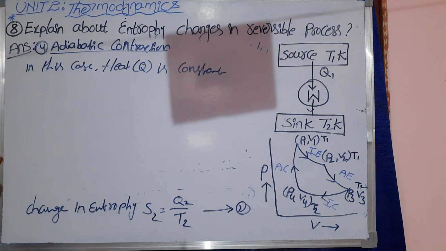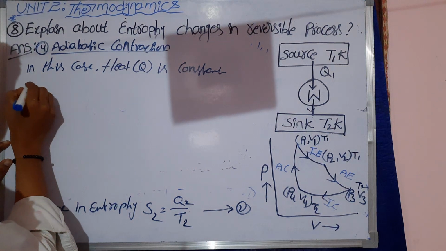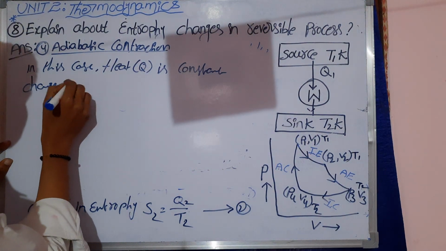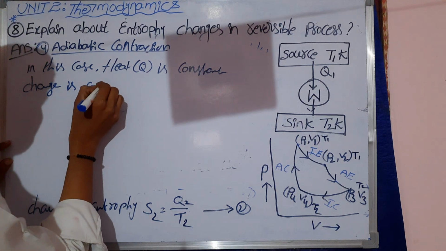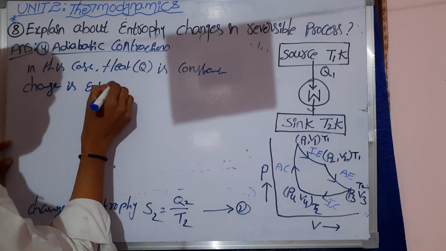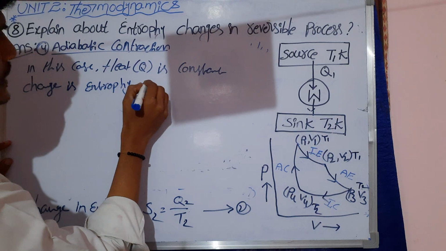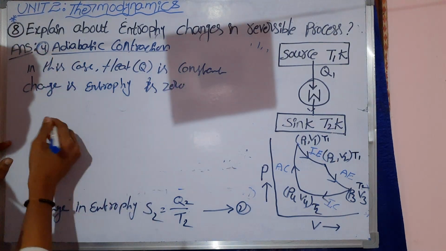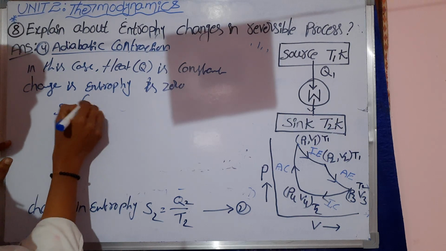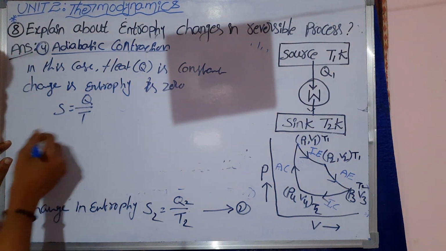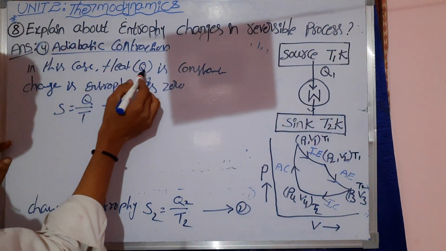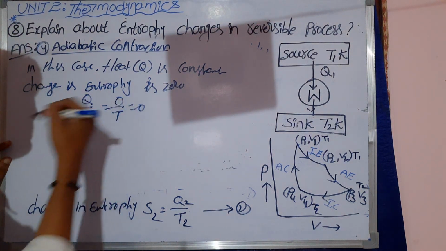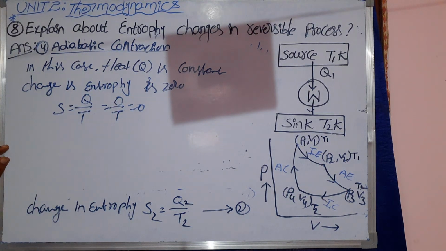The change in entropy is S equals Q by T. Heat is constant, so 0 by T equals 0. So in this case it is 0.